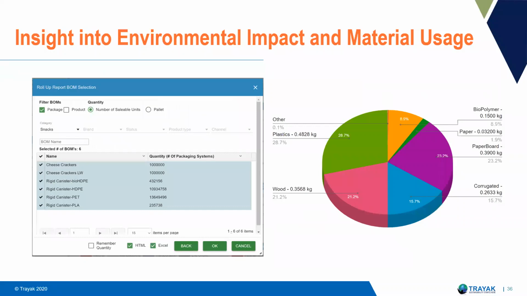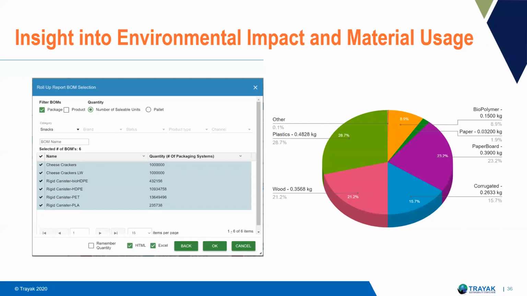When I'm creating a roll-up report, I'm able to select various BOMs that I've built within Compass, and I'm able to do this for my current packaging as well as all of the projects that I've ever created in Compass. And so it allows me to roll up the impact for everything at once. So you can see that's the left screenshot, me creating the roll-up report.